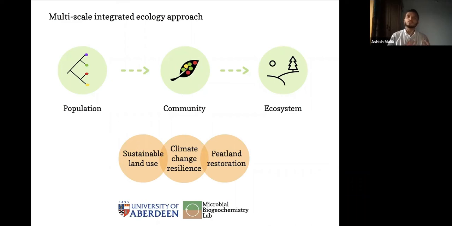But we are trying to do more population and community scale work, again trying to integrate that into ecosystem ecology so that we can answer some of the key societal challenges of sustainable land use, climate change resilience, and peatland restoration. Peatland restoration is one of the key national challenges in Scotland.